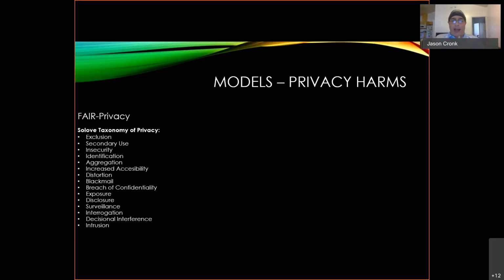For instance, Calo's objective and subjective harms, Herzog's three pillars of privacy, Westin's states of privacy. You could use all sorts of different models if you wanted to. We just happen to use Solove because it's discrete enough. There's 16. It's not as ambiguous as some of the others that try to put privacy into much smaller buckets.